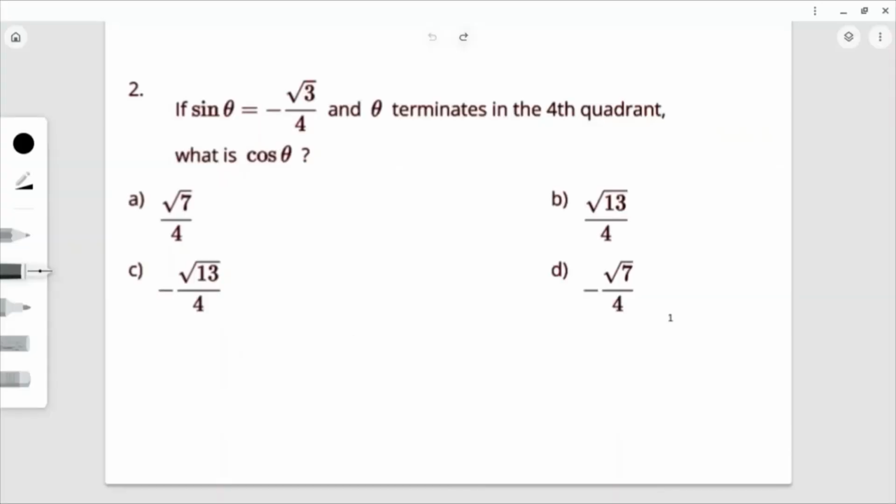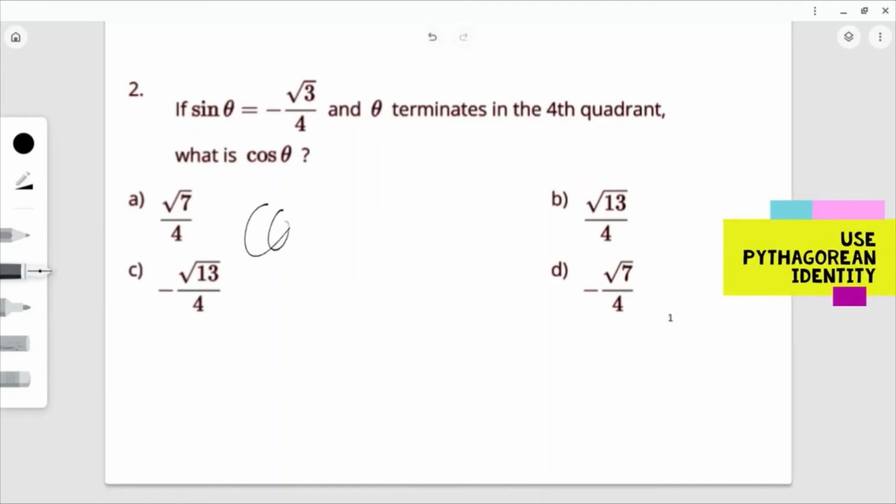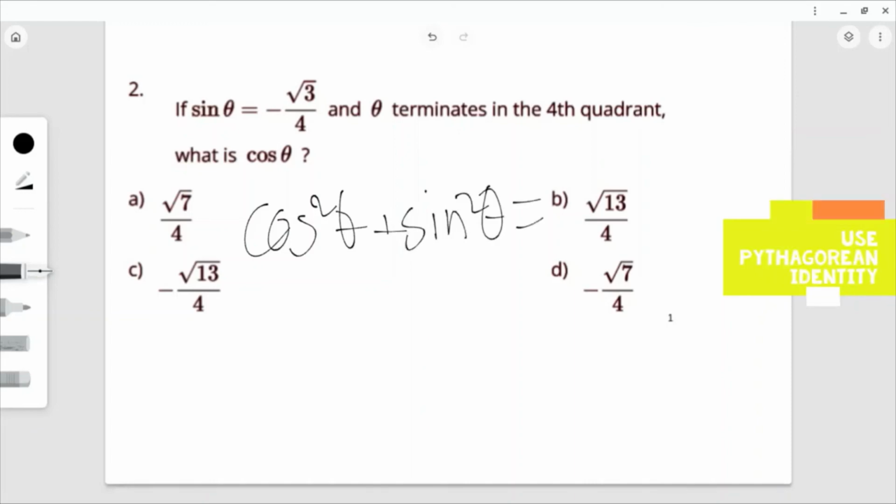The question says if sine theta equals negative square root of 3 over 4 and theta is located in the fourth quadrant, what is cosine theta? So we know that the equation is cosine squared theta plus sine squared theta equals 1.